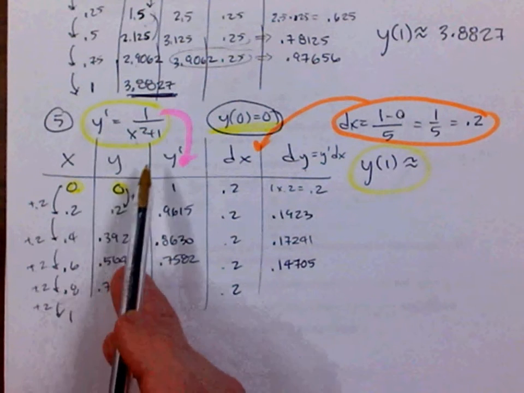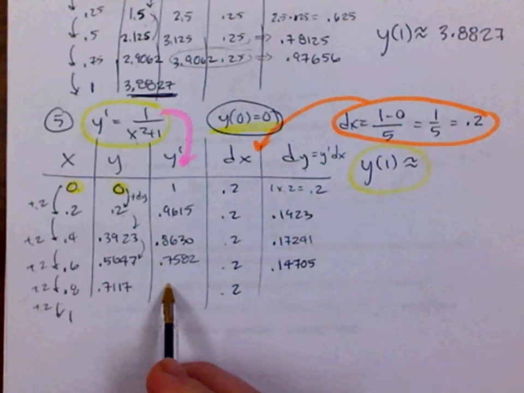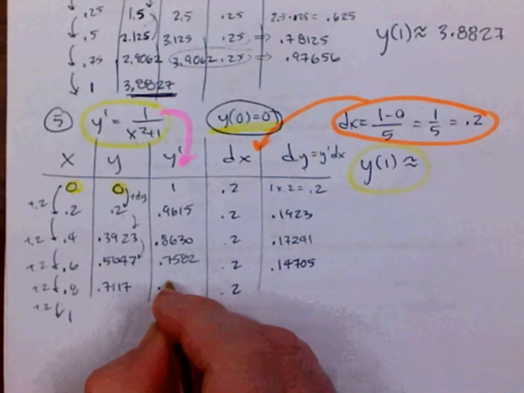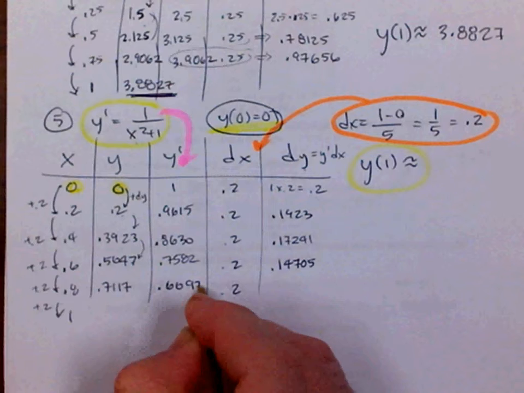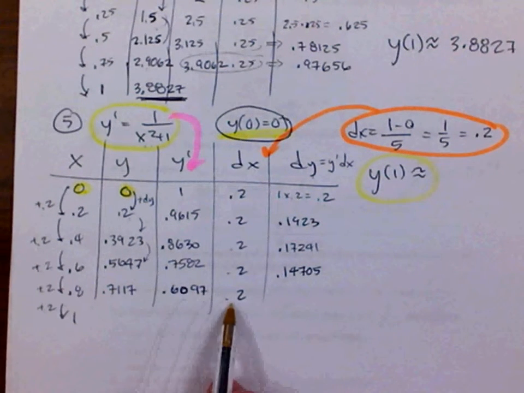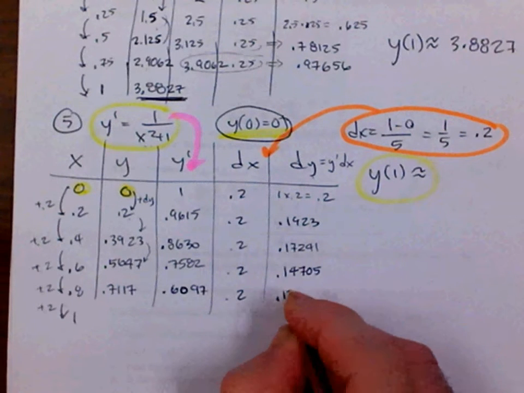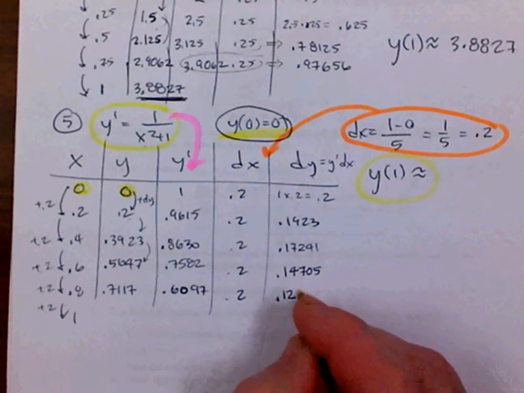0.8 squared plus 1, reciprocal, gives the new y prime value of 0.6097. Multiply that number times 0.2 gives us our new dy. This one happens to be our last one. This will be our last step.